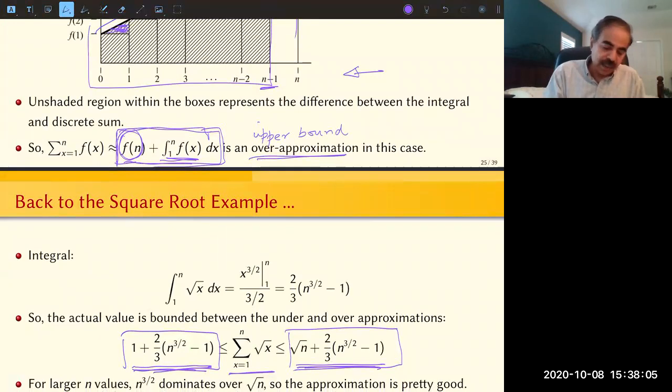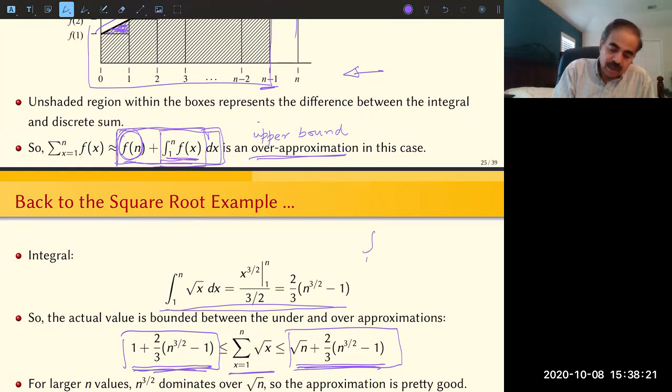And of course, both of those bounds require you to compute this integral, right? So what is the integral of square root? Square root is nothing but x to the power half.